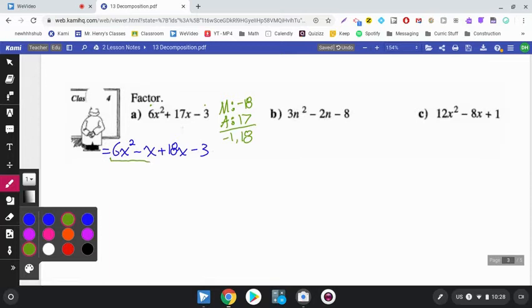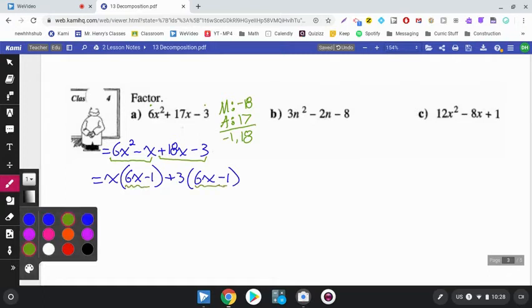Okay, factor by grouping. These two together. First term I could factor out an x. I got 6x minus 1. Next term I could factor out a positive 3. Plus 3. You get 6x minus 1. Hey, it worked because I got the same bracket and the same bracket.